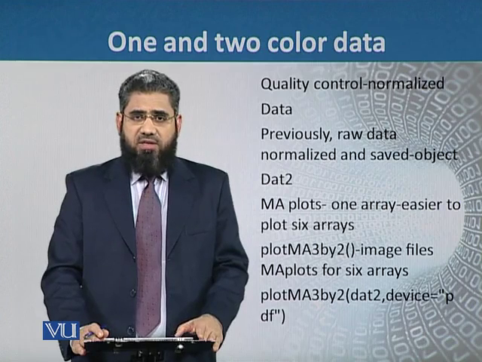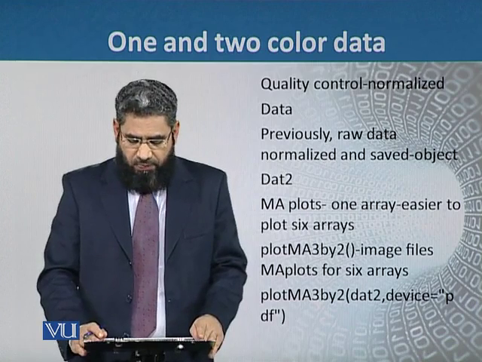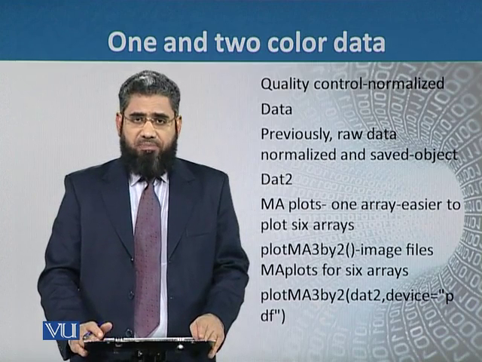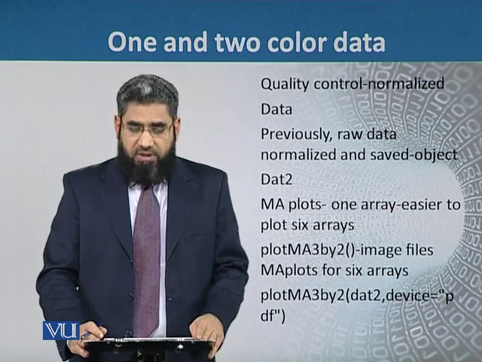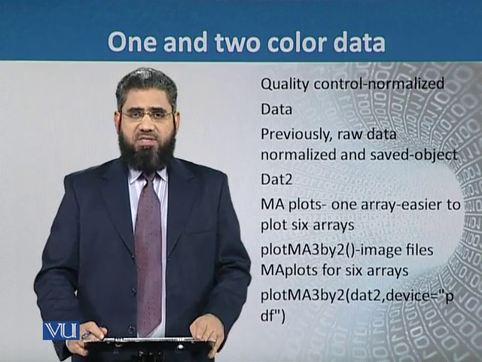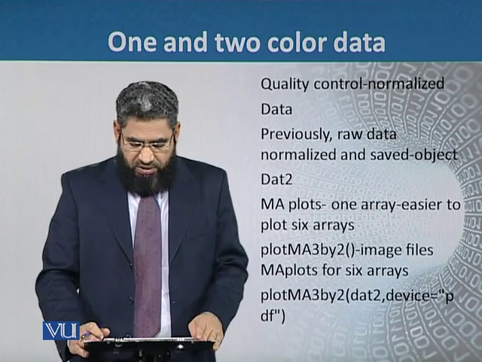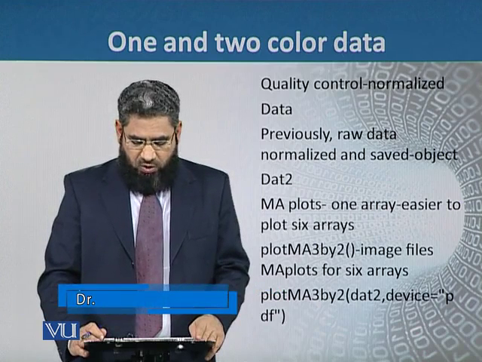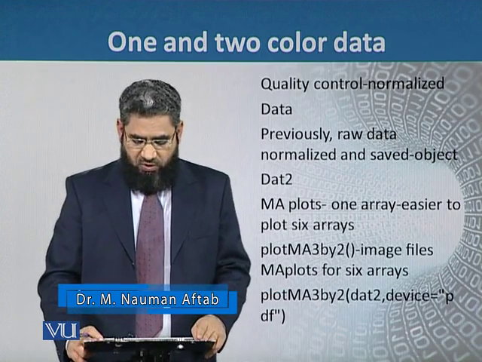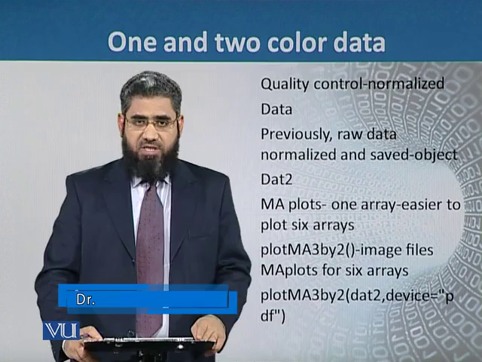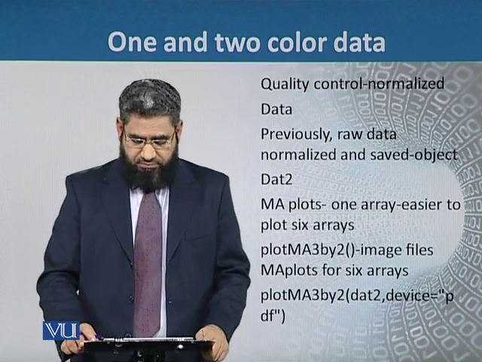We can check the quality by plotting MA plots. We can plot one MA plot for one array, but it is easier to plot 6 arrays at a time by using the limma package and the command plotMA3by2. 3 by 2 means 3 times 2, which is 6, so we can plot the images of 6 arrays at the same time.